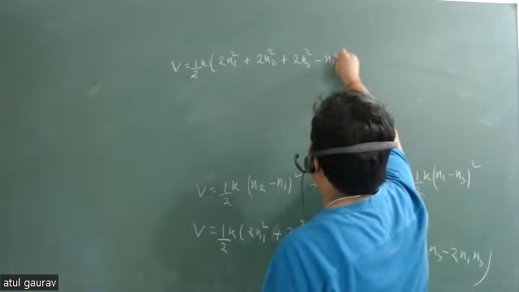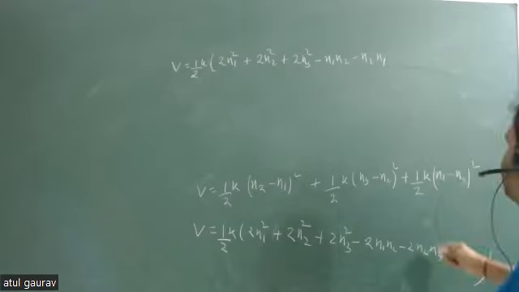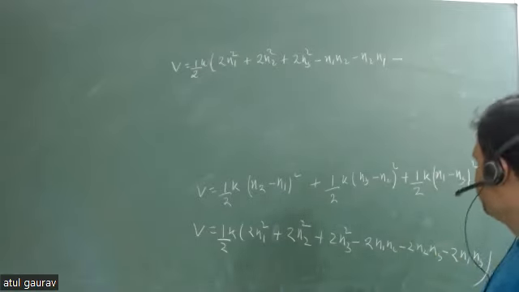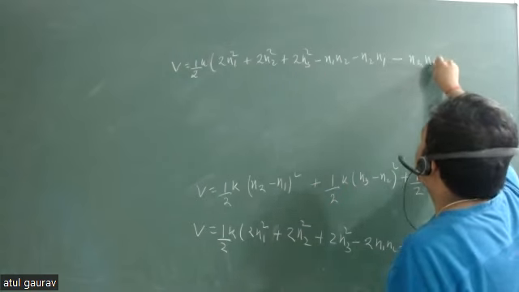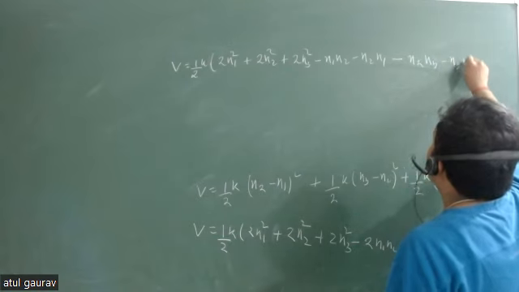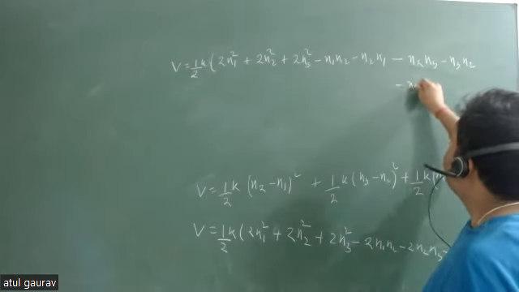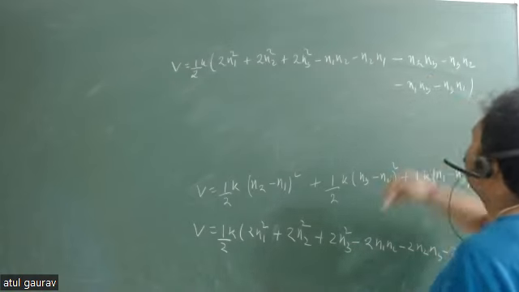That means eta 1 eta 2 minus eta 2 eta 1. Next one, diagonal or off diagonal? Off diagonal. What is this? Eta 2 eta 3 minus eta 3 eta 2. Next one: minus eta 1 eta 3 minus eta 3 eta 1.